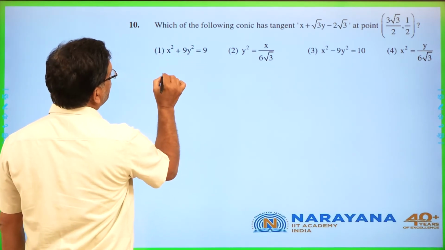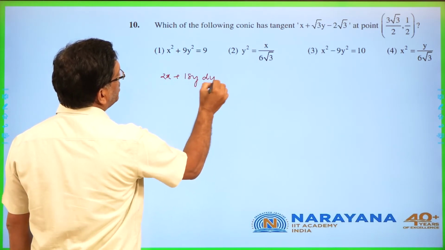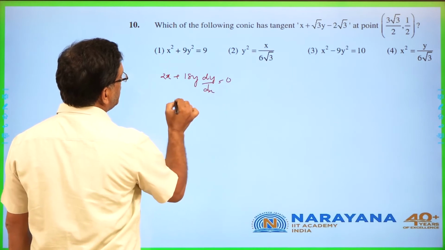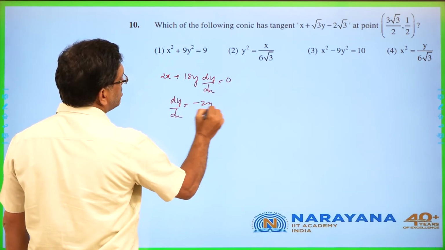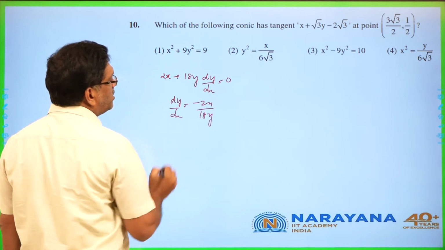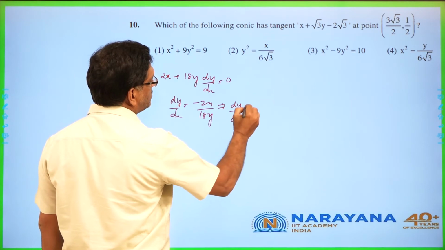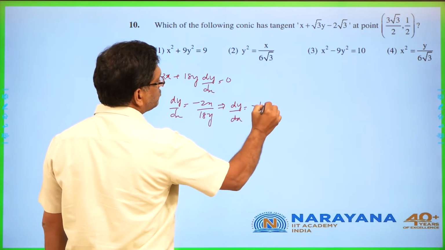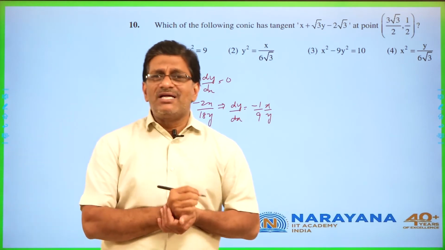For the tangent, first differentiate: 2x plus 18y into dy by dx is 0. dy by dx is minus 2x by 18y. That is dy by dx is equal to minus 1 by 9 x by y. It is dy by dx at any particular point.